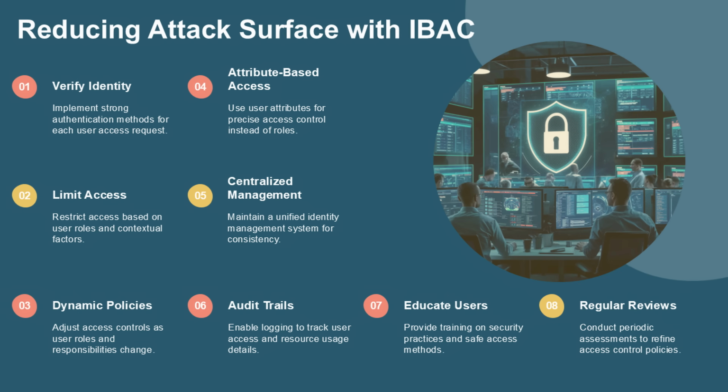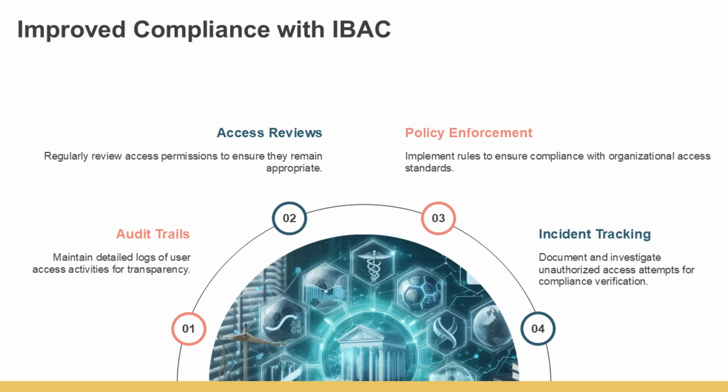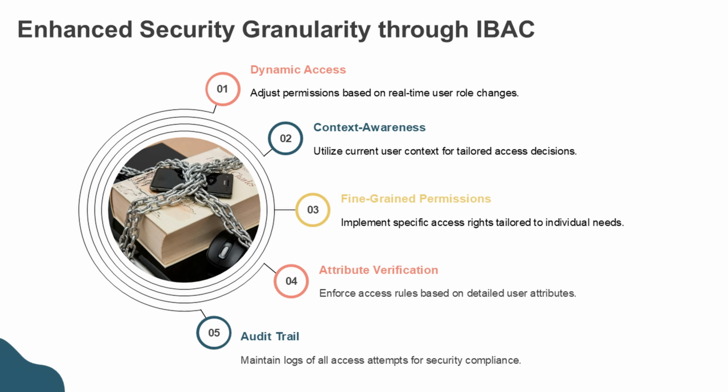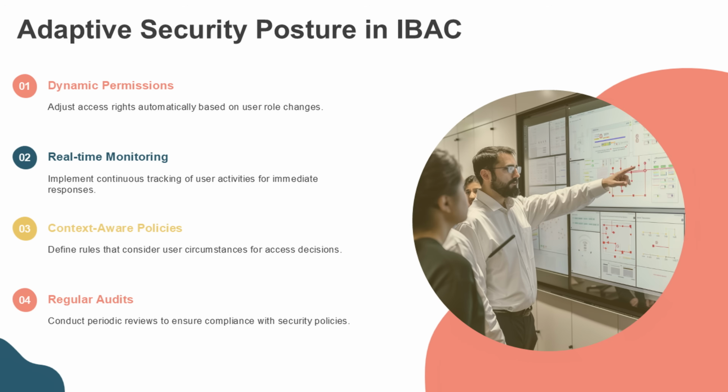Centralized identity management is another key piece, providing a unified system that maintains consistent user identities and attributes across the organization, which really helps with coherent access control enforcement. And, of course, policy definition and enforcement. These are the rules that determine how identity attributes translate to access decisions, along with the technical means to enforce these policies at access points.